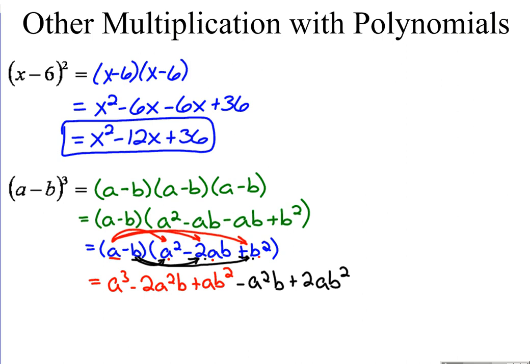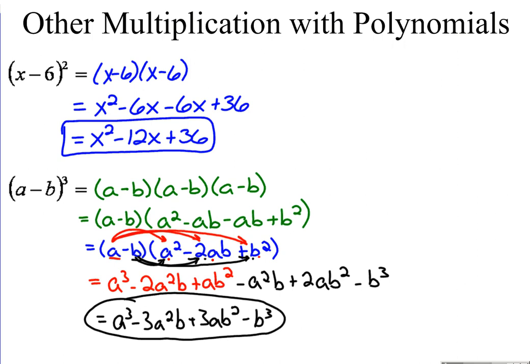And negative B times B squared gives us negative B cubed. Simplify, we get A cubed minus 3A squared B plus 3AB squared minus B cubed.